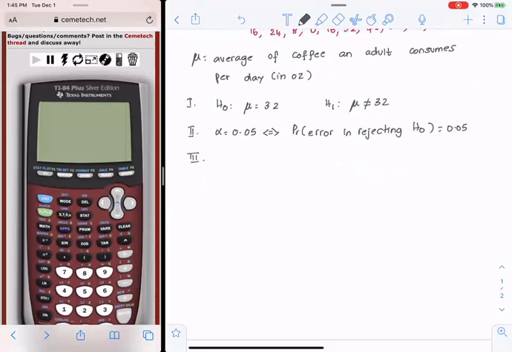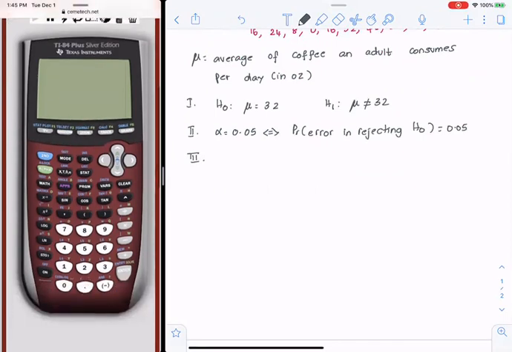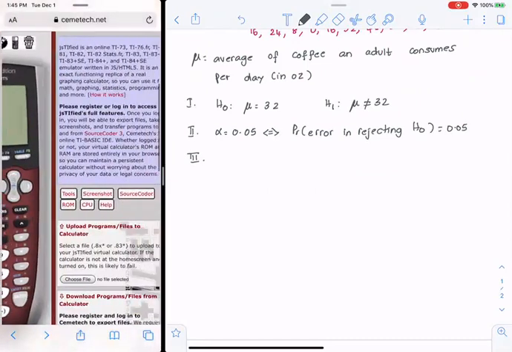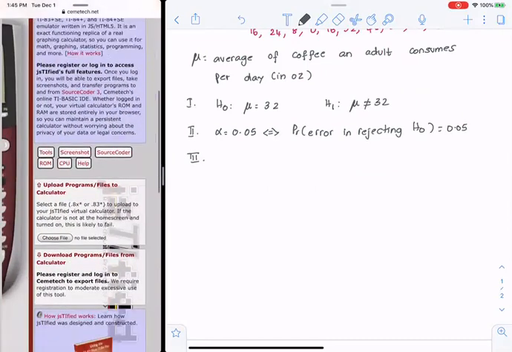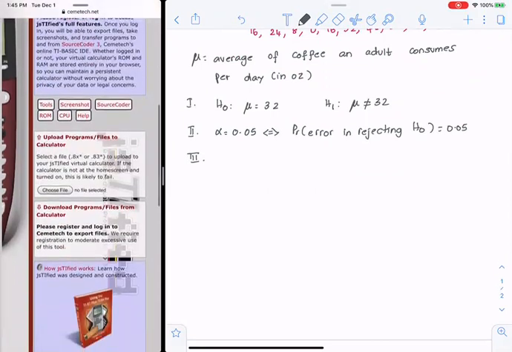The third step, of course, is to find the statistic, and we can use the calculator to come up with the mean and the standard deviation and so forth.